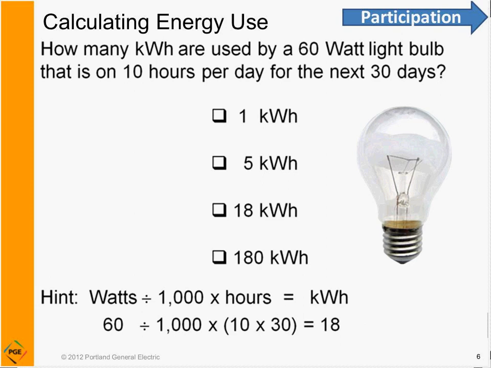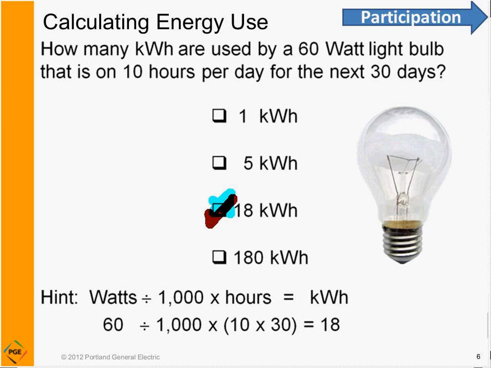So this is where you get a chance to participate a little bit and use your calculators. Oh, I've already given you the answer at the bottom. Well, there's the answer: 60 divided by 1,000 times 300, and you're all very bright and already know the answer is 18 kilowatt hours. But I have a plan.